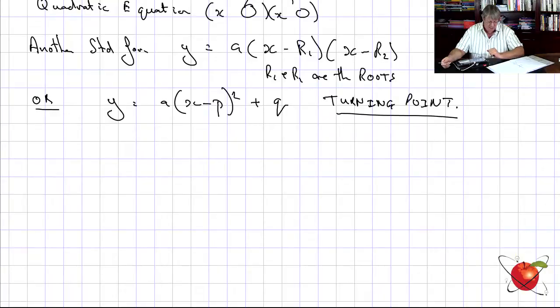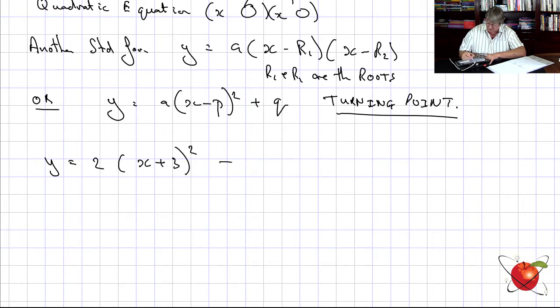Now, let's just have a look at this. The turning point, remember, it came from completing the square. Let's say we have this situation: y is equal to 2 times x plus 3 all squared minus 4.